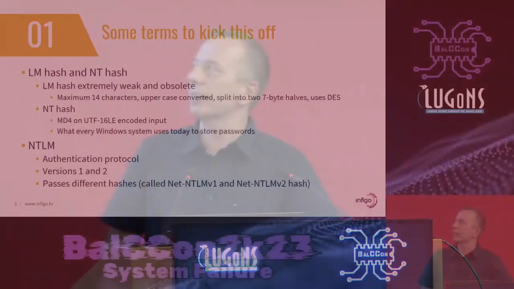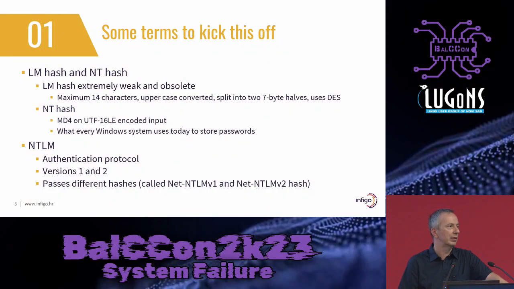So before we take a look into packets, just a little bit of terminology here to make sure that we are all on the same level, so we all understand which components of the authentication mechanism I'm talking about. So today, when you log into Windows, doesn't matter if it's a domain login or your local account, when you enter your password, hopefully that password will be saved only and exclusively by using a mechanism which is called NT hash.